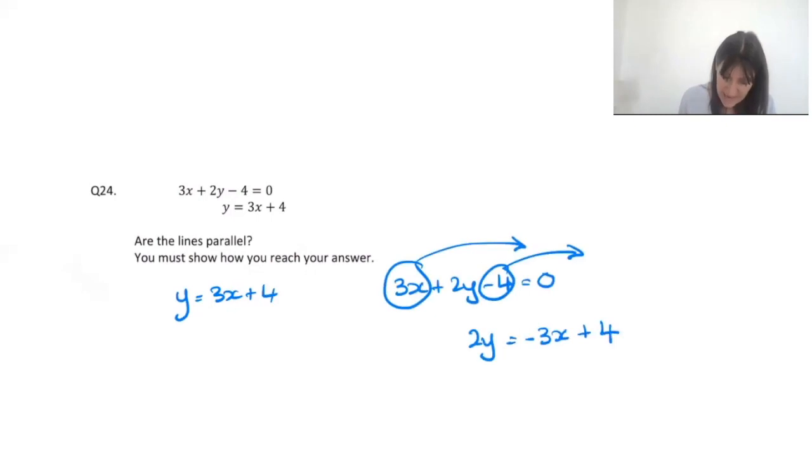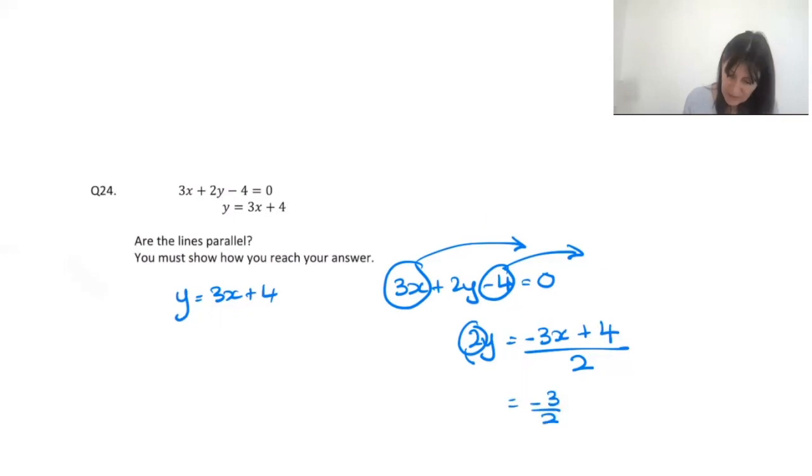Okay, now I'm going to divide through by the 2. And I can already see, to be honest, before I even divided through by the 2, I could answer the question, because this has come out negative, which does not match the positive gradient that we have here. I can divide all the way through and get a gradient of minus 3 over 2.